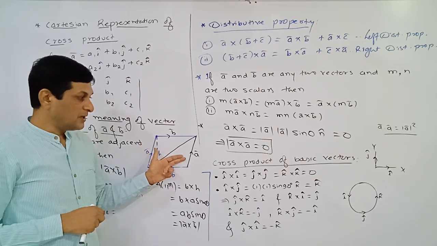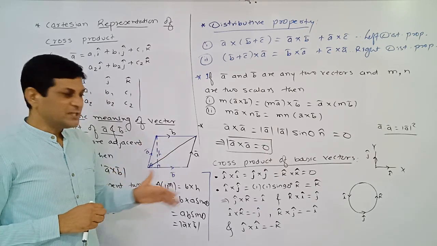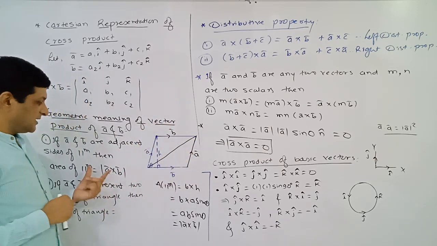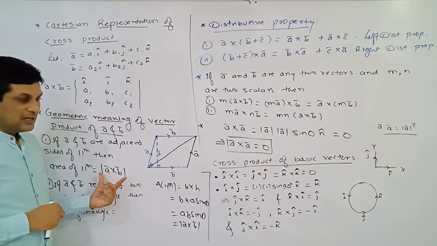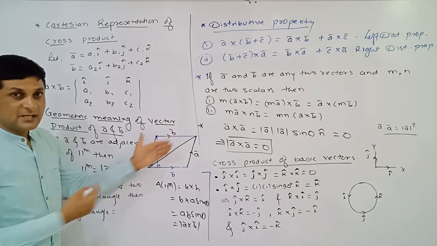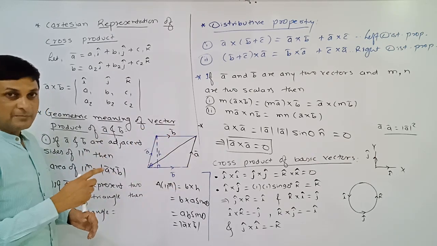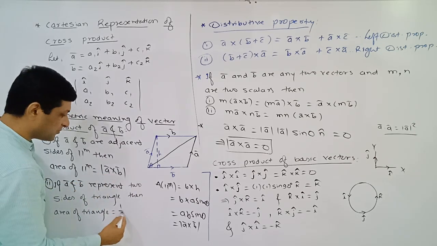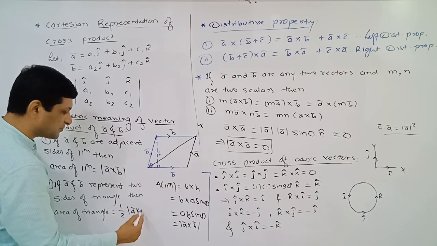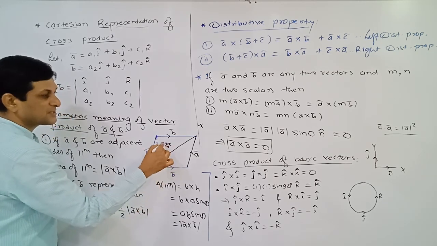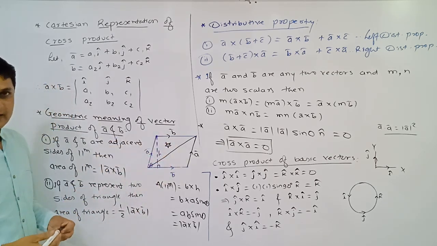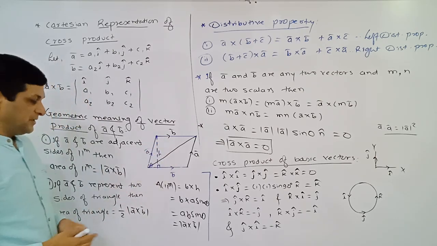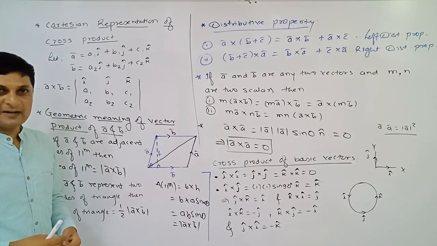So the area of this whole parallelogram is the magnitude of A bar cross B bar, but the area of this triangle is half the area of this parallelogram. So half the magnitude of A bar cross B bar will be the area of this triangle. Is it clear? So that's why we can say that the area of a triangle will be equal to half the magnitude of A bar cross B bar.